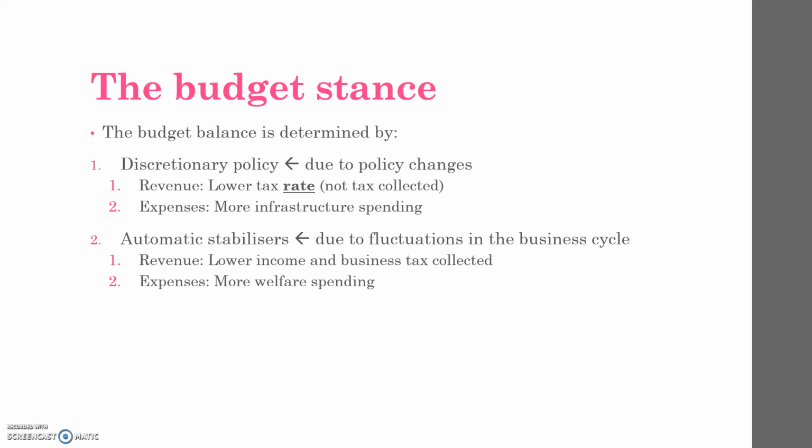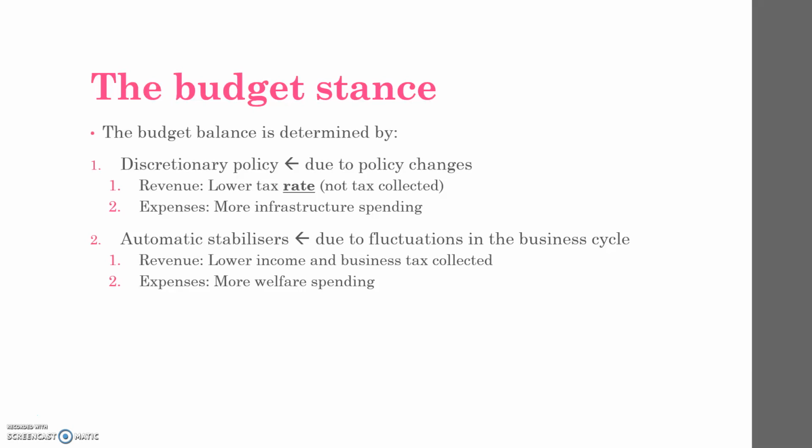Discretionary policy is quite different to the automatic stabilizers, as automatic stabilizers fluctuate due to changes in the business cycle. For example, on the revenue side, if the economy enters into a contraction, so a reduction in economic activity occurs, income and business tax collected reduces.